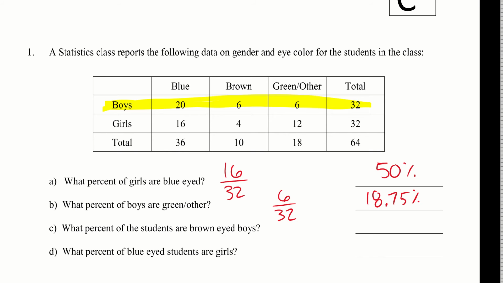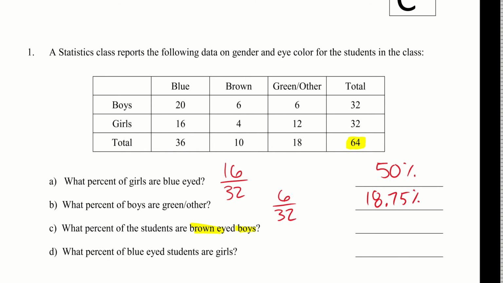Okay, let's do question C. It says what percent of students are brown-eyed boys? So what percent of everyone, and so this is my entire population, there's 64 people. Out of these 64 people total, what percent are brown eyes and boys?